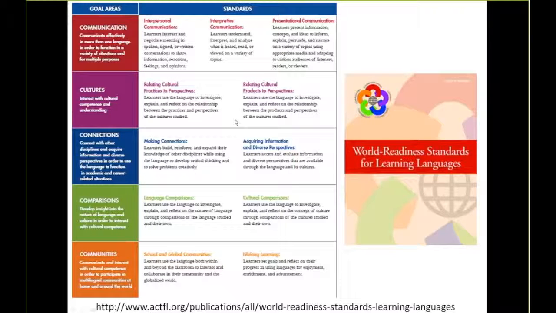So connections, even though it is more about connecting with other disciplines, the culture is there as well. So this is very interesting. That's why, as language educators, I think culture is very important to us. And that's why I think the 2016 summer PBLL Summer Institute is focusing on interculturality in language PBLL.